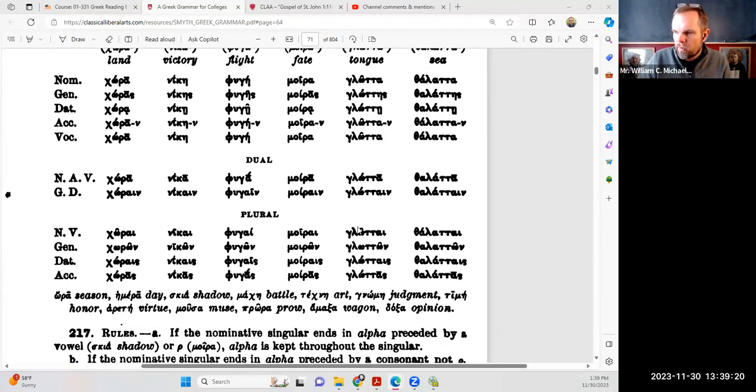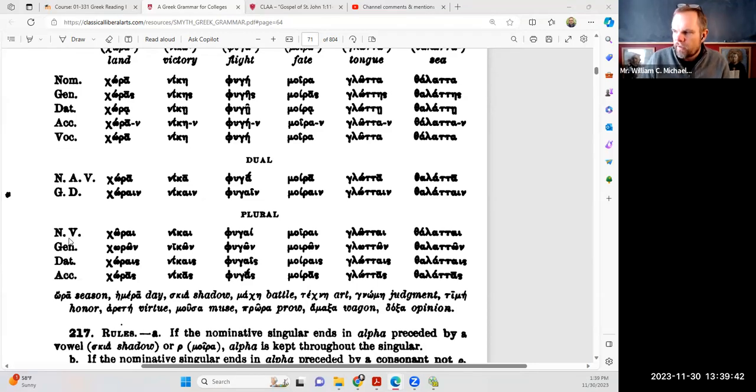Then we go down to the plurals. Let's look at the plurals. On the left over here, it says N.V. What does N.V. mean? Good. It's for the nominative and the vocative. They're the same.